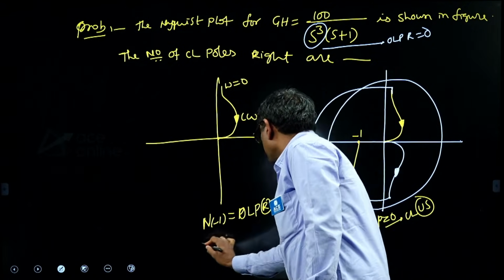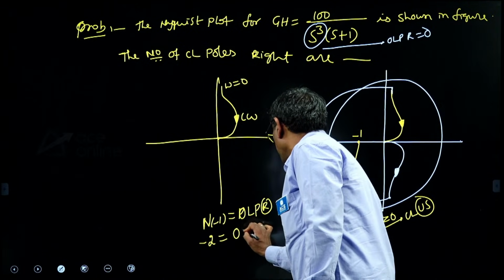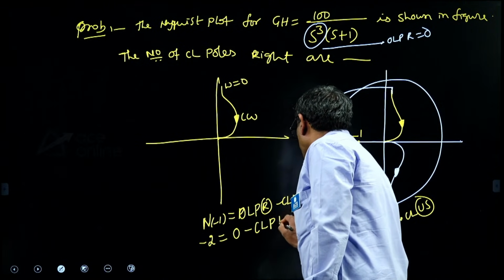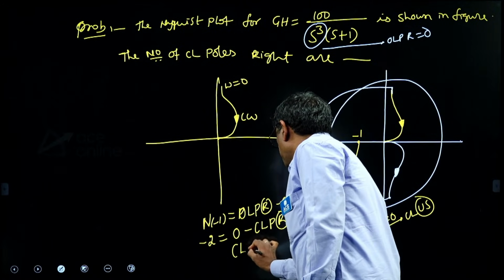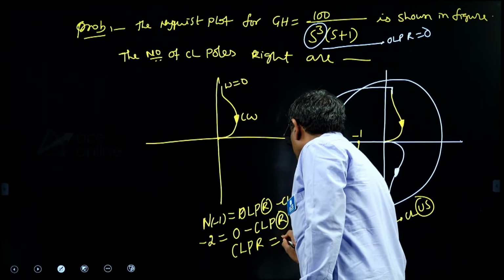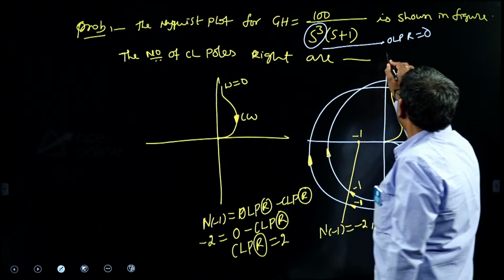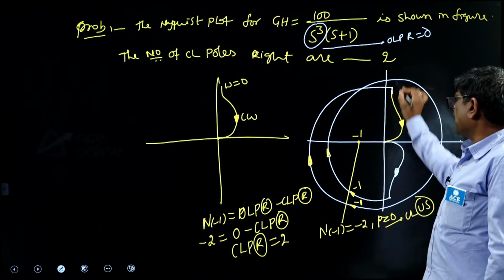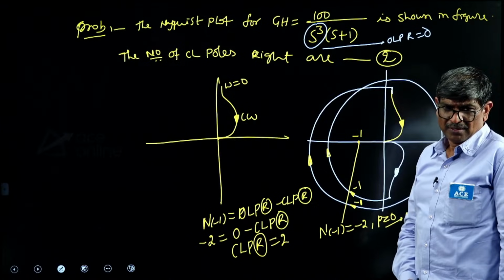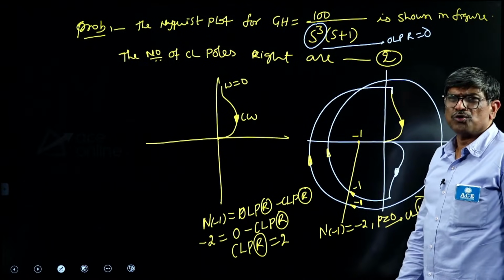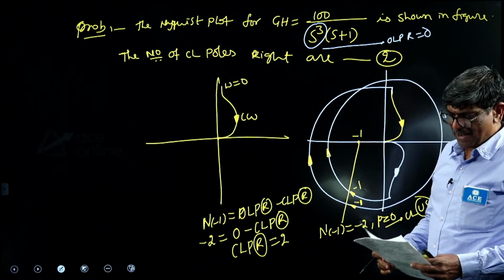So -2 equals 0 minus closed loop poles right. So closed loop poles right equal to 2. So the answer is 2. Like this you have to find the number of encirclements, then find the number of closed loop poles on the right. Okay?